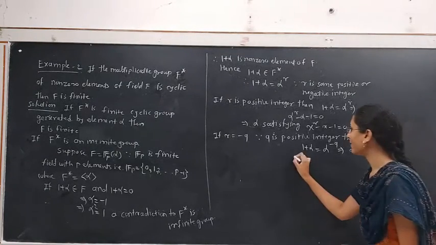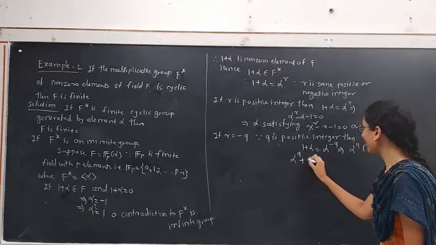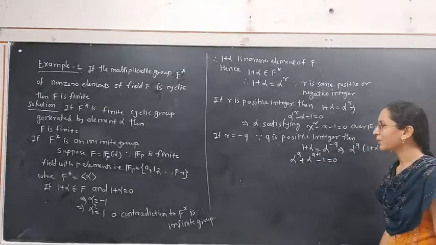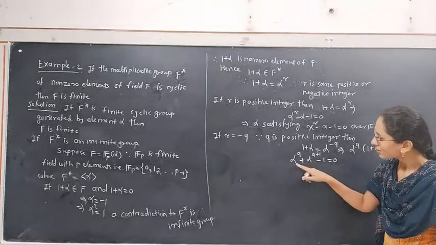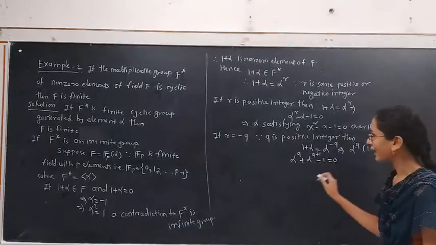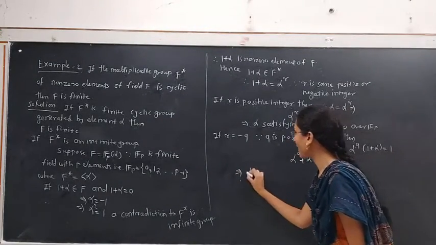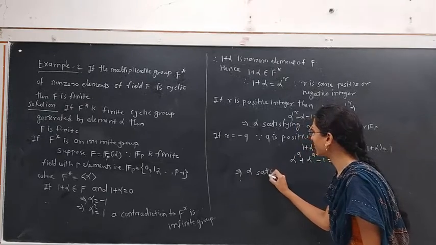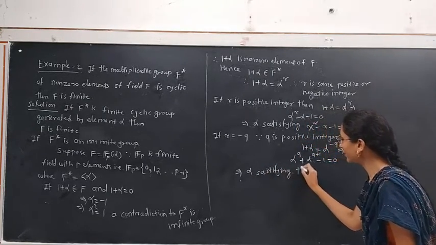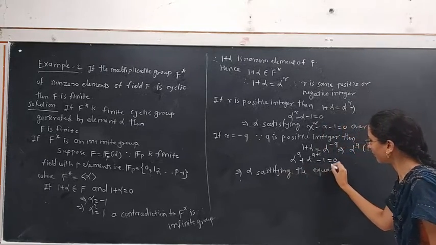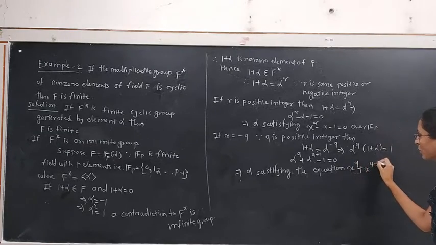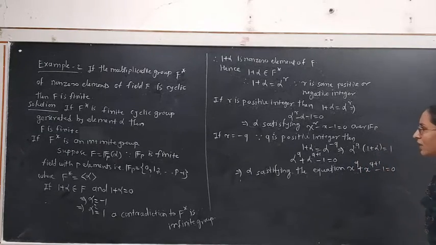This implies alpha raised to q plus alpha raised to q plus 1 minus 1 equal to 0. Again we have a polynomial satisfied by the element alpha. This implies alpha satisfies the equation x raised to q plus x raised to q plus 1 minus 1 equal to 0.